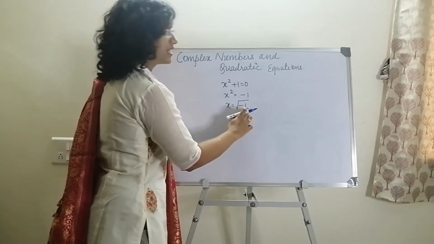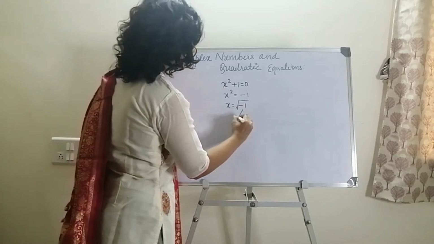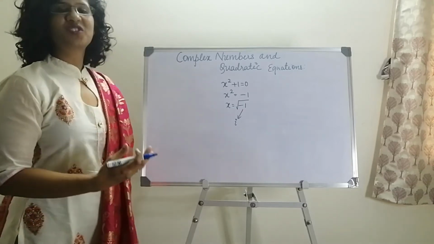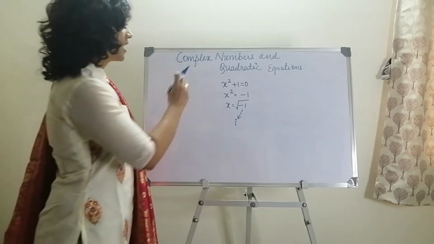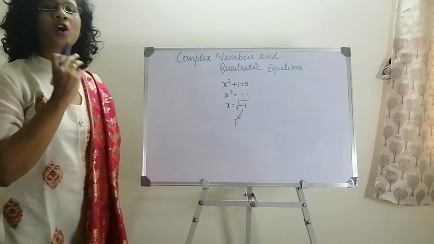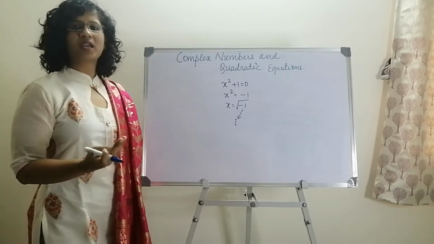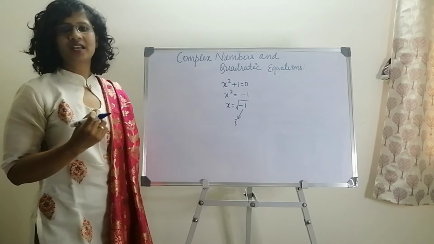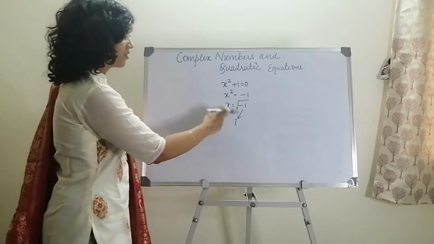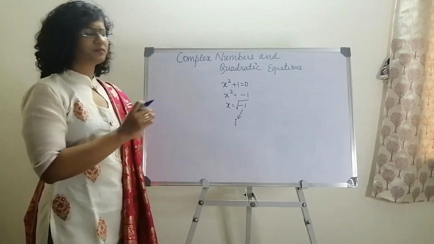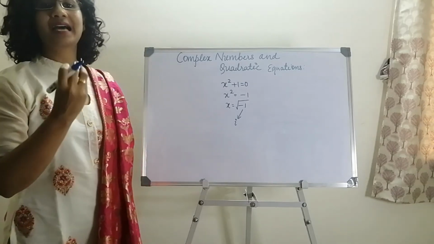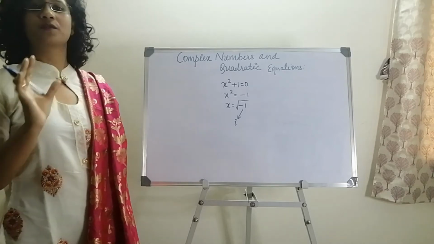This root of minus 1 is called an imaginary term. Why is it called an imaginary term, or a number which represents an imaginary term? Because whenever I have x square plus 1 is equal to 0, a quadratic equation, the roots cannot be an imaginary term or a root with a minus sign in this way. So if I have got the value of x to be an imaginary term, that will tell you that it is a complex number.